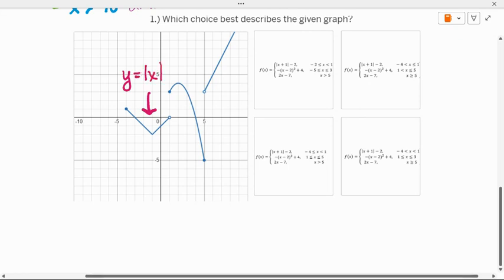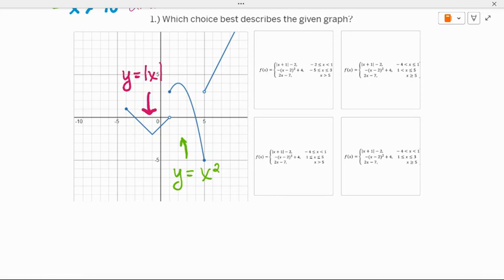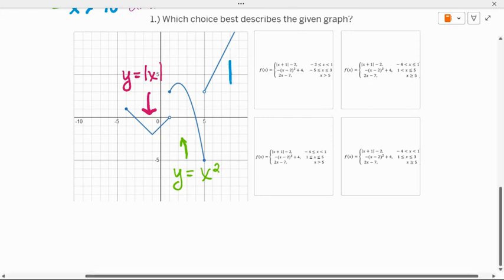The second function, well, that's a parabola. So that's going to be y equals x squared, some type of that, right? The parent function, y equals x squared. And then the last piece, that's just y equals mx plus b. That's a linear function.